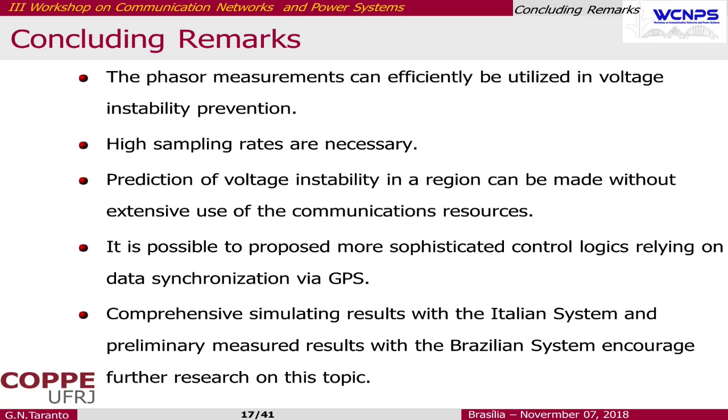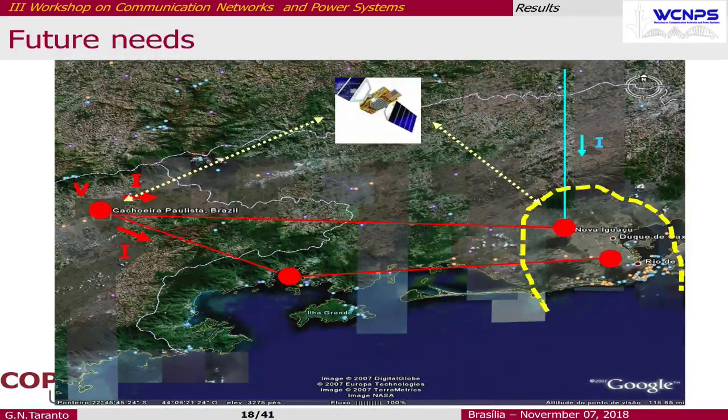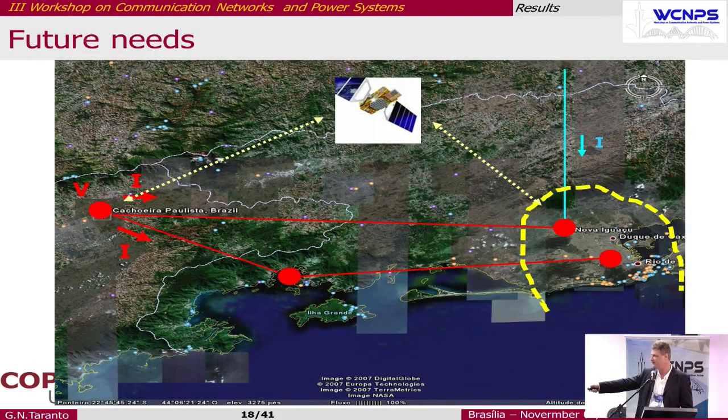This is a case, for instance, in Rio, the greater Rio. Rio is fed basically from the 500 kV lines that come from Cachoeira Paulista to Nova Iguaçu and to, I forget the name, São José, via Angra nuclear. So this is the main feeder to the Rio area.